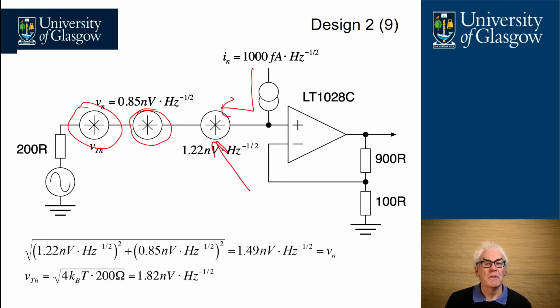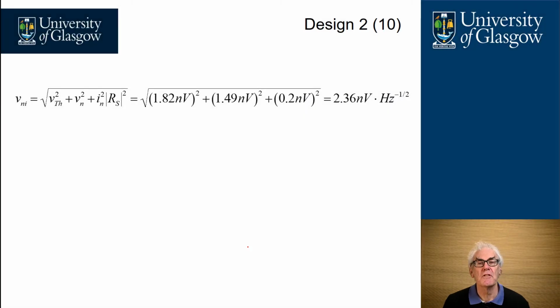And if we work out our Thevenin voltage, we know that's 1.82 nanovolts per root hertz. And calculating out the total noise source, which is the Thevenin voltage, plus the Vn, plus the noise current into the source resistance, we land up with a total noise performance of about 2.36 nanovolts per root hertz noise referred to the input.